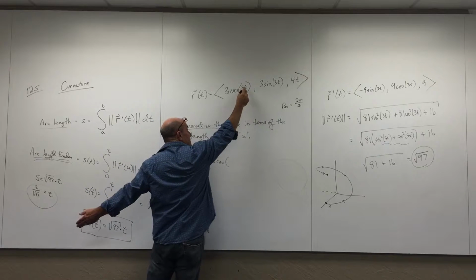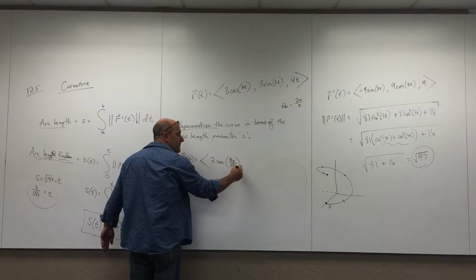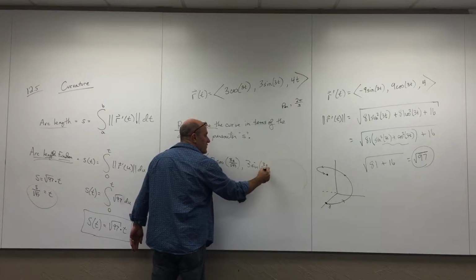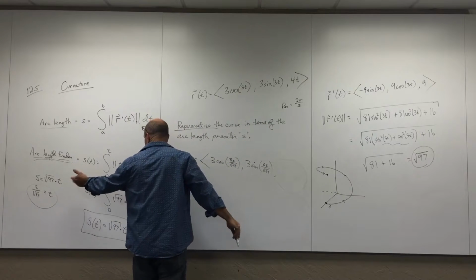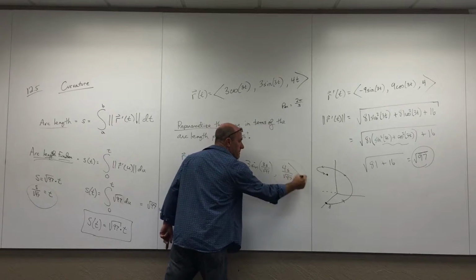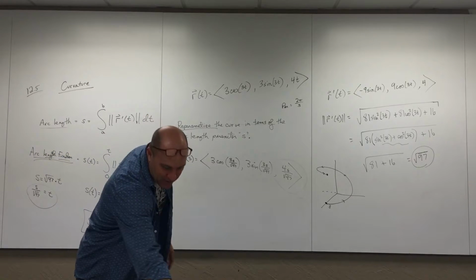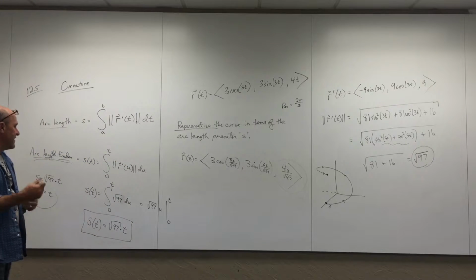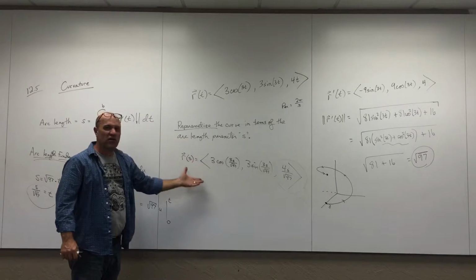I'm replacing that t with s over the square root of 97, so I'm going to get 3s over the square root of 97, comma, 3 sine 3s over the square root of 97, comma, 4 times t, which is 4 times s over the square root of 97. Look at that, I don't know. I think it's kind of cool. But that's me. I like all kinds of math. And you've reparameterized the curve in terms of its own arc length.